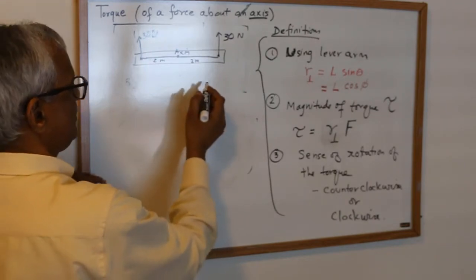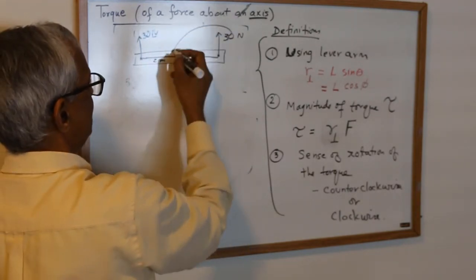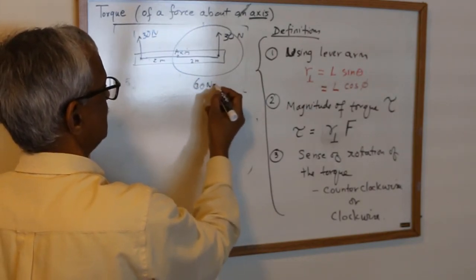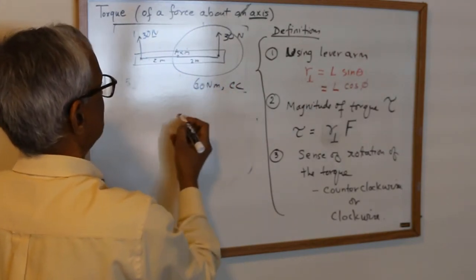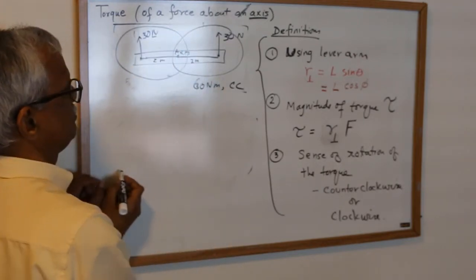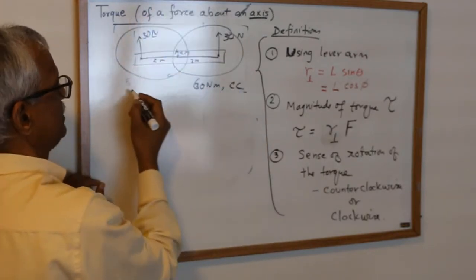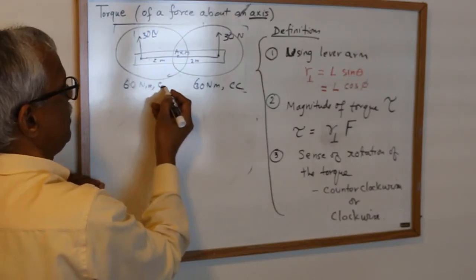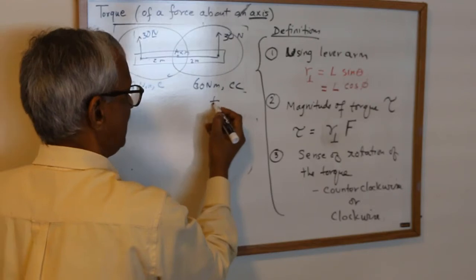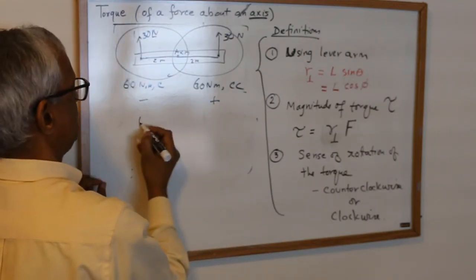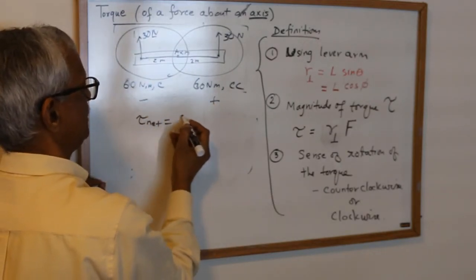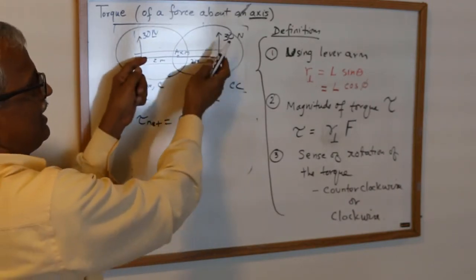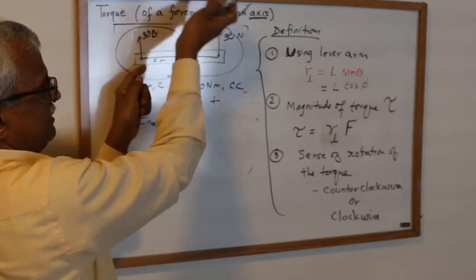We already calculated this one is 60 Newton meter counterclockwise. This one is clockwise, 60 Newton meter clockwise. So if this is plus, then this is minus. So tau net is actually 0 here. This one is totally balancing the other, right?